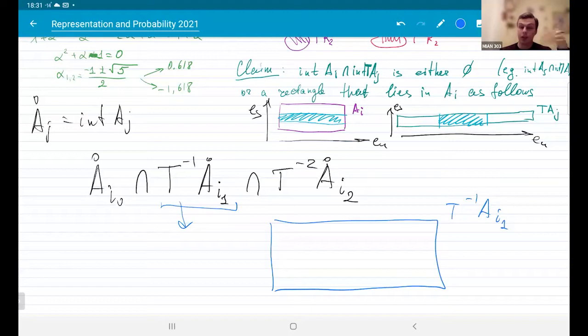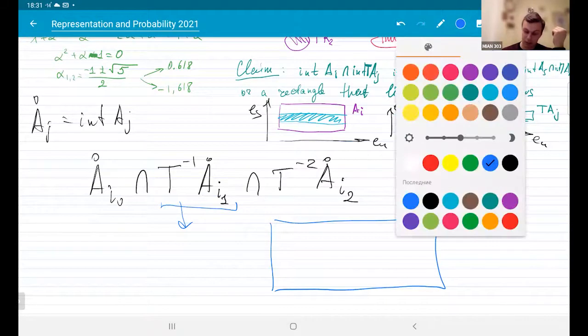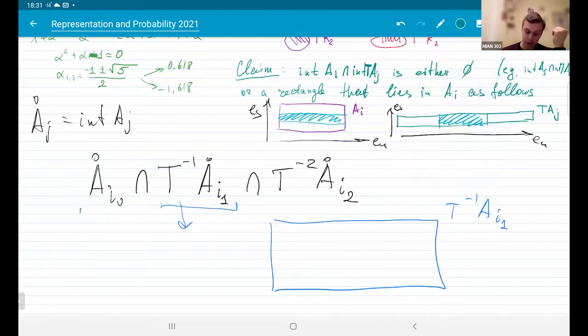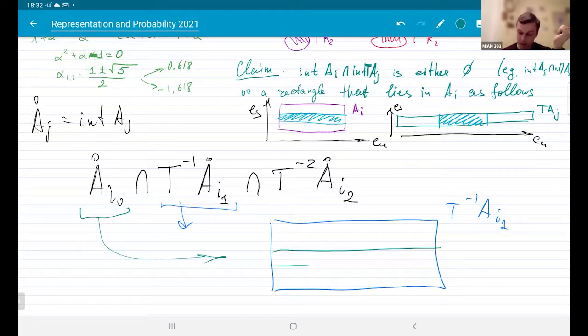Then, if we consider this part, well, this is essentially the same as the claim we have just stated, but when applied with T minus 1 to both elements. Therefore, this looks like this.